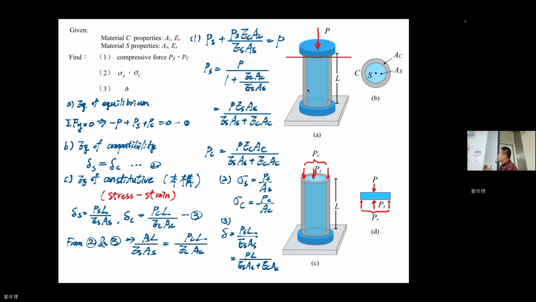Okay, right. So now you have become a mechanicist, 力学大师了. Okay, you see, this is a really difficult problem because it is really complicated. Two materials and their force need to be shared. The stronger material shares more loading, and the softer material shares lower loading. This is really complicated, but now you have a systematic way to solve it.